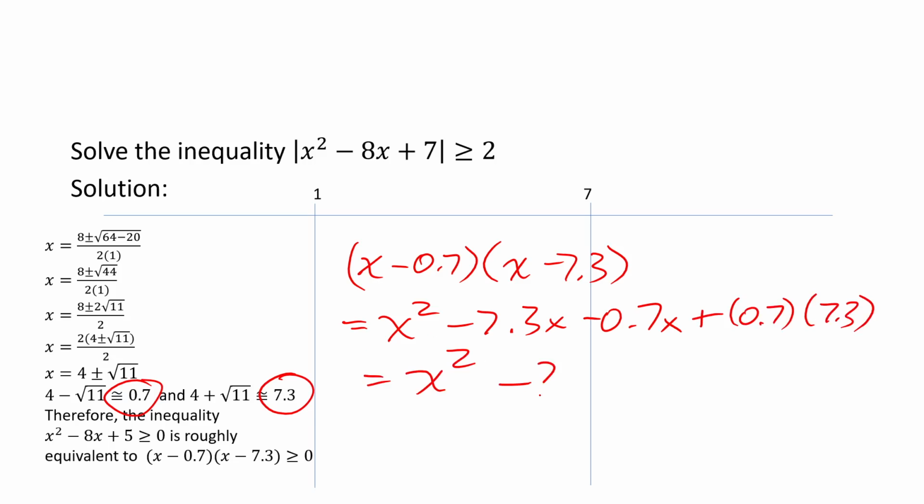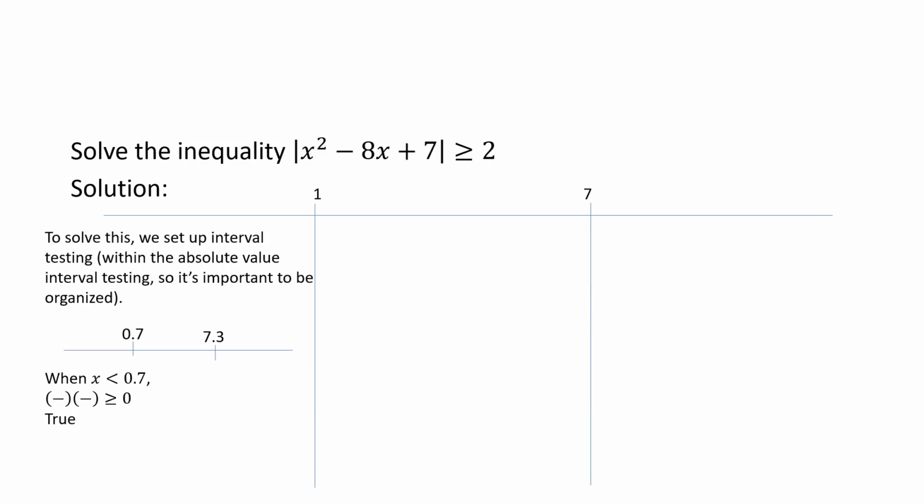Collecting your like terms, you get x squared minus 8x, and this number is roughly 5. So literally, what we're interval testing in this leftmost interval is that right there. So we build our number line with a 0.7 and a 7.3, and we test to the left of 0.7. We get a true statement.